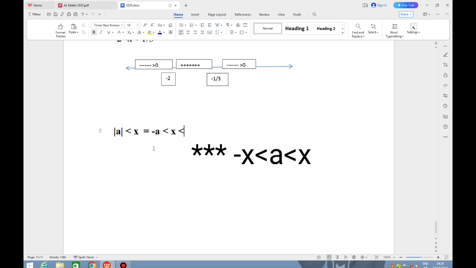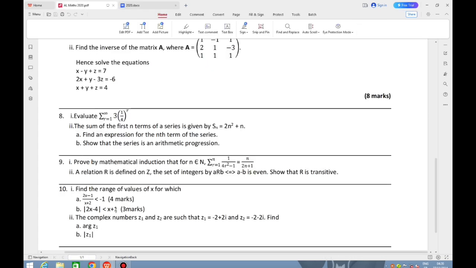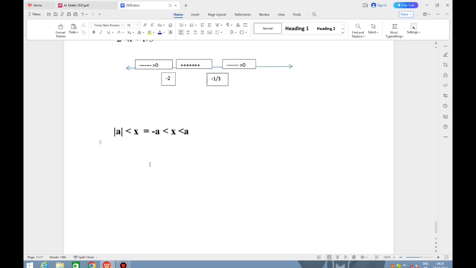Now applying that to this, this is our inequality, and putting it here, we have negative x minus 1 is less than 2x minus 4, which is less than x plus 1.